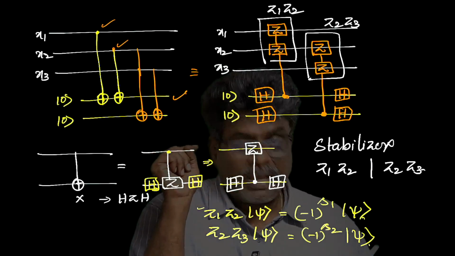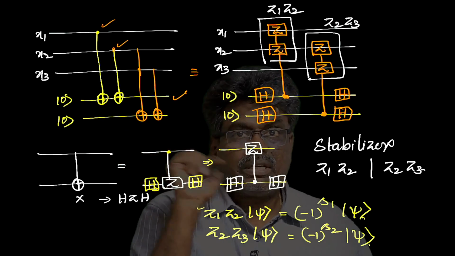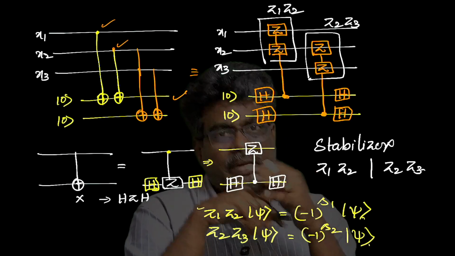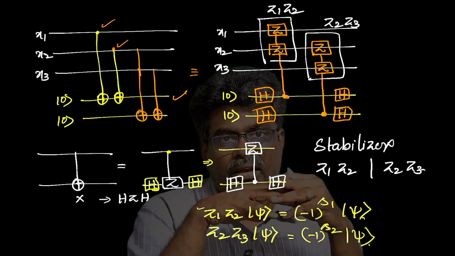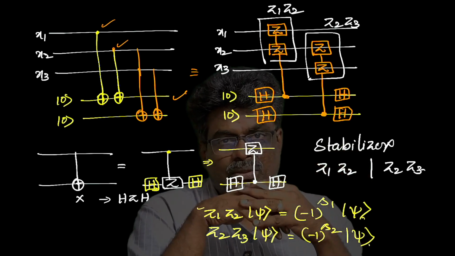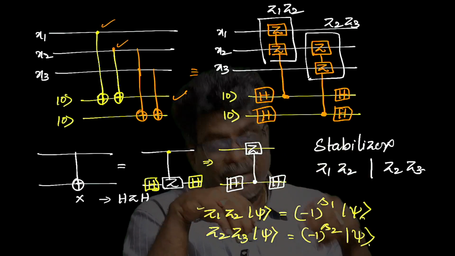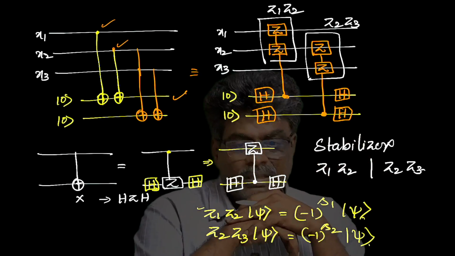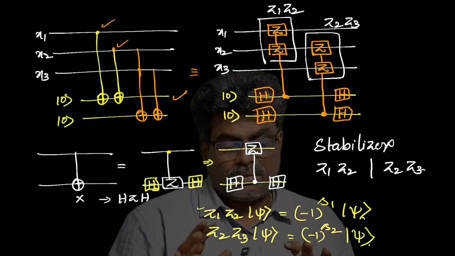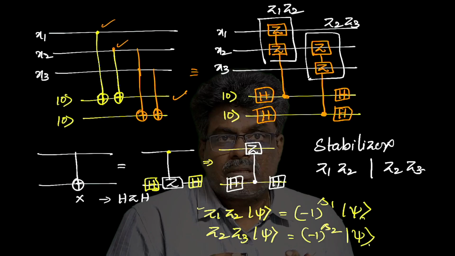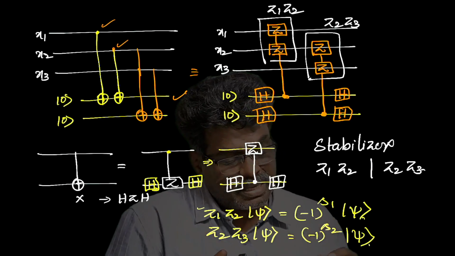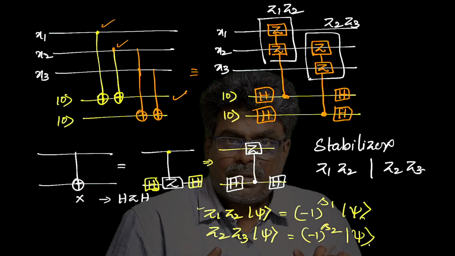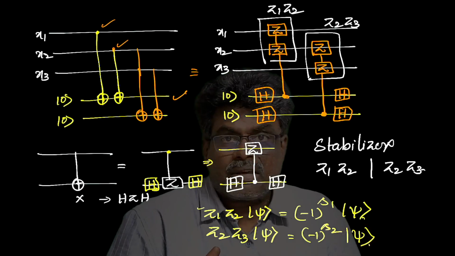If S2 is 1, then the Z2 Z3 operator has parity -1, that means eigenvalue -1. If S1 equals S2 equals 1, then both have negative parity. So this is nothing but the stabilizers, and the stabilizers satisfy an eigenvalue equation with eigenvalues plus or minus 1.